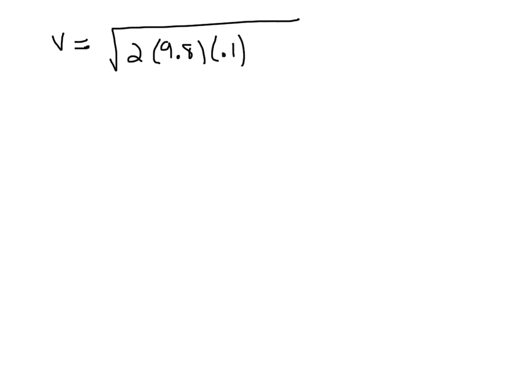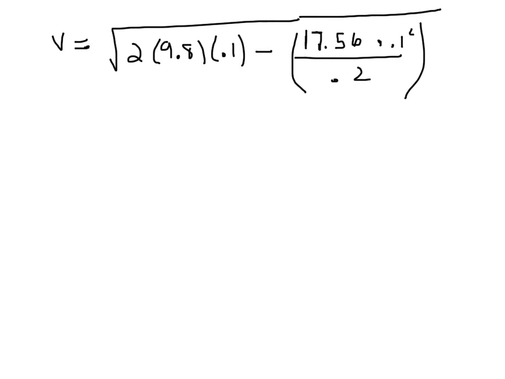And when I plug in, I get v is equal to, and again, I'm using 9.8 because that's what you'd use in your homework, but you could use 10. 2 times 9.8 times 0.1, the distance that it fell, minus 17.56 times 0.1 squared, all divided by 0.2.